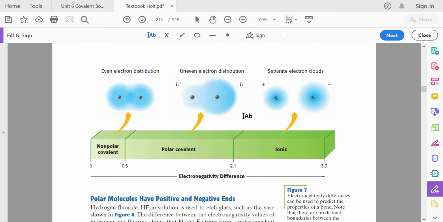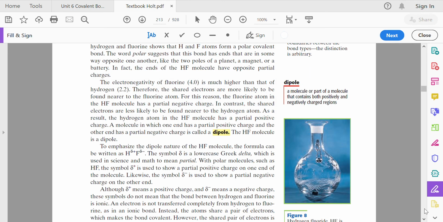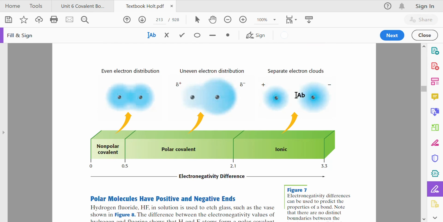One side has a positive, one side has a negative, and they're going to search for situations that cancel out these charges. If it's separate electron clouds, they just cancel each other because a plus and a minus, 1 minus 1 is 0, so it's an ionic material. What we call these situations where there is a charge imbalance, we call that a dipole.